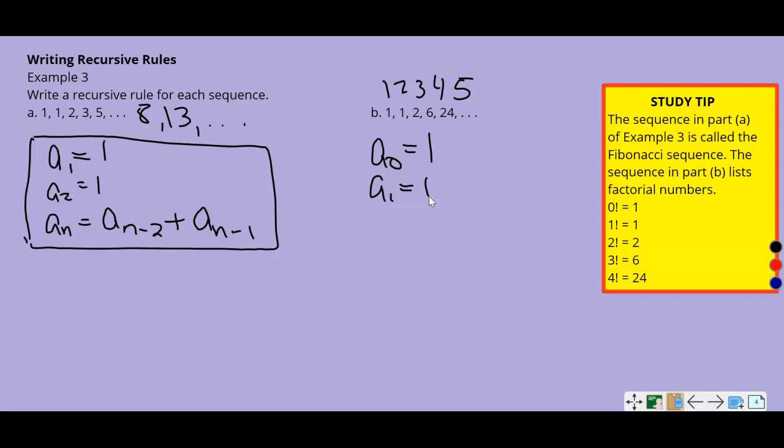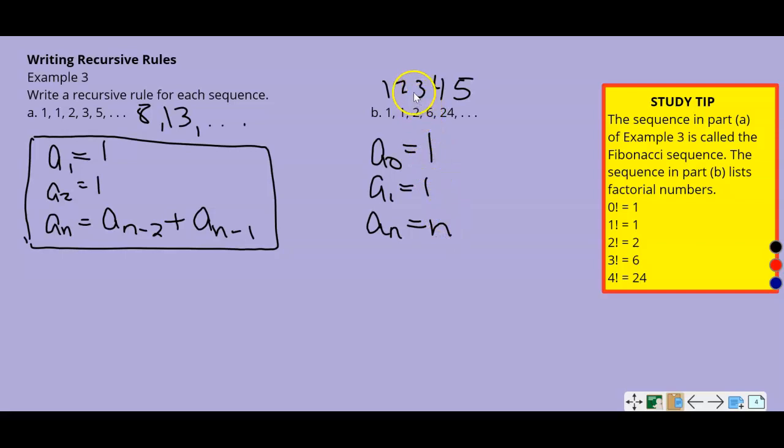And then 2 times 1, that's the term times this number in the sequence, equals the previous one. All right, so it's still going to be the previous term. So 2 times 1 equals 2, 3 times 2 equals 6, and so on. So that means a sub n equals n.